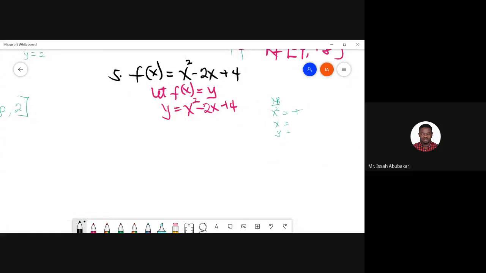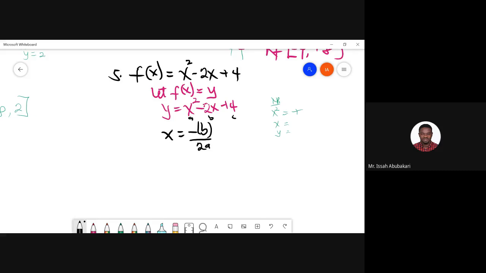And how to find the value of x? Anytime you have a complete quadratic question like this, x should be equal to minus b divided by 2a, okay? Anytime you have a complete question like this, the value of x can be determined by minus b divided by 2a. And from the equation, we know this one is a, this one is b, and this one is what?